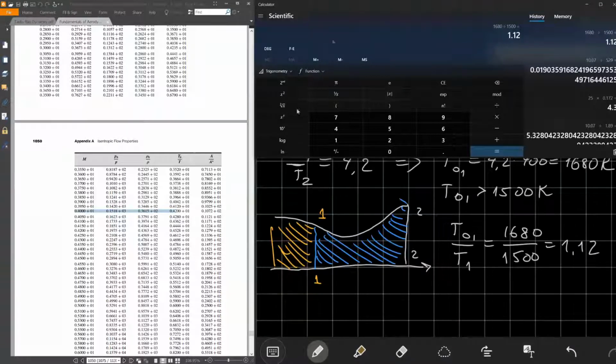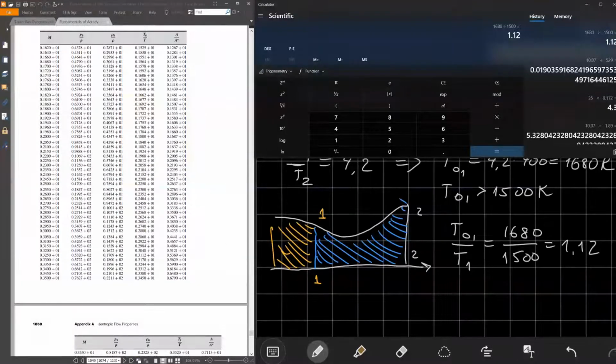And we are looking for 1.12 in the section, supersonic or subsonic, inside the isentropic flow.